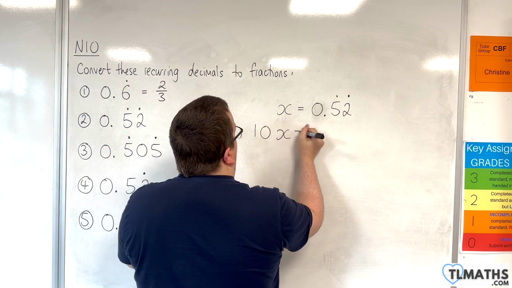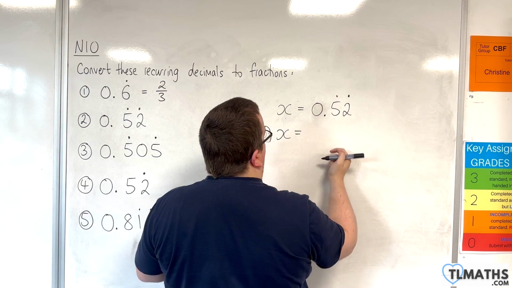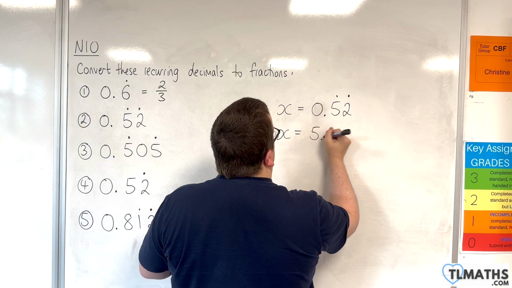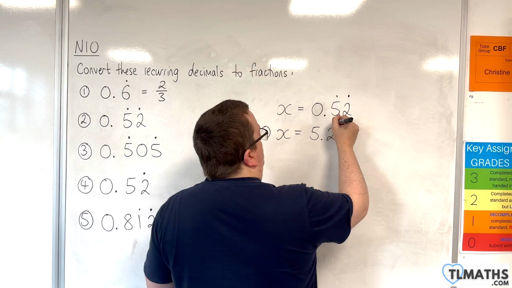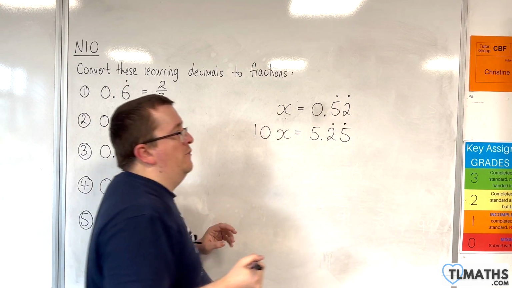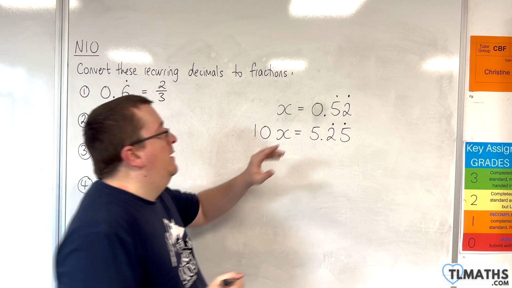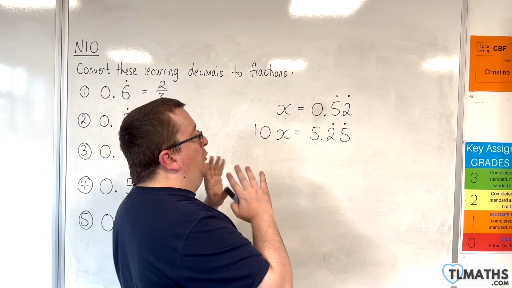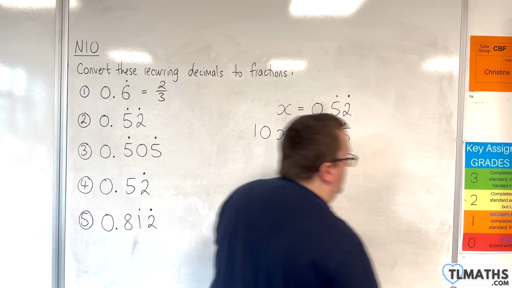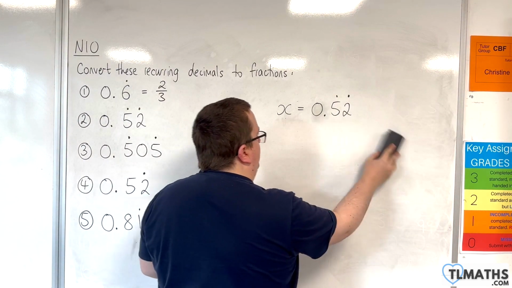Now if I multiply through by 10, I move the decimal point 1 to the right, and I'm going to get 5.25252525. So we now have 25 recurring. And you can see that those two pieces don't sync up. Okay, so multiplying through by 10 was not correct. That did not work out.